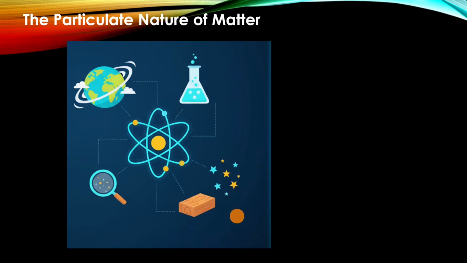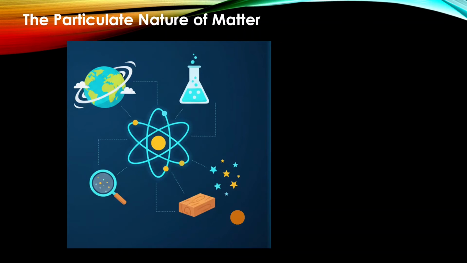Now that we have looked at the safety in the laboratory, let us now talk about the particulate nature of matter. When we are talking about the particulate nature of matter, we are digging into what chemistry already told us at the beginning, that chemistry is the study of the composition of matter.